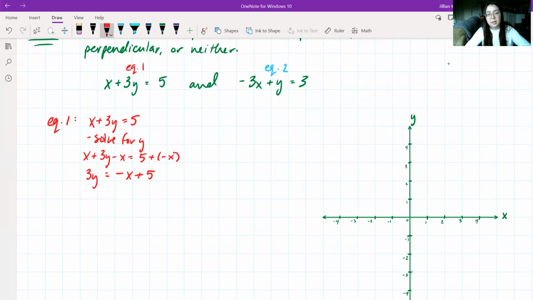And now we just want to divide. If we're dividing 3y by 3, we also need to divide negative x and 5 as well. So we're going to divide each term by 3. And this is going to give us y is equal to negative 1/3 x plus 5/3.